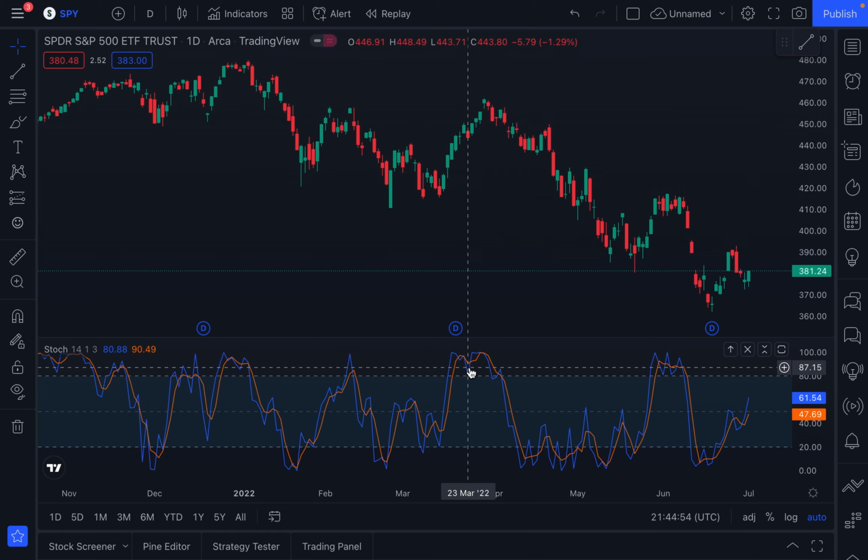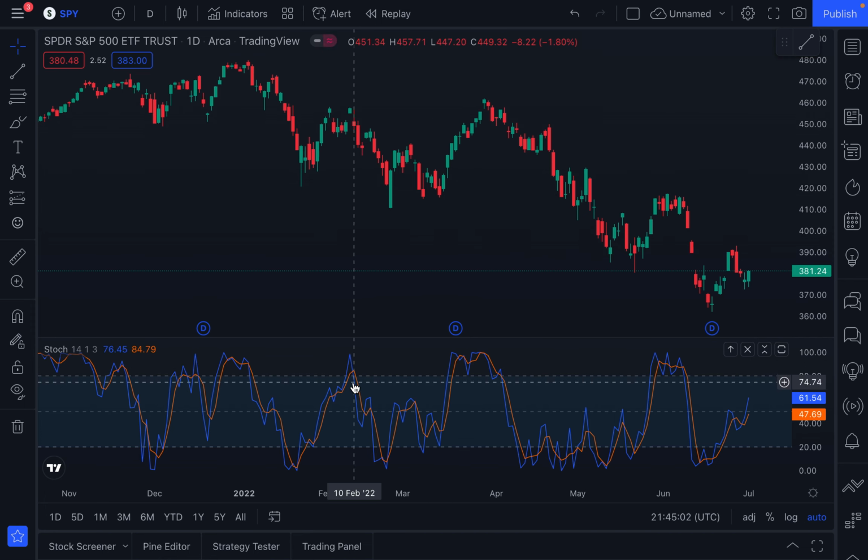Similarly, when the blue line heads below the orange line, that potentially signals a reversal, and you'd be more bearish.